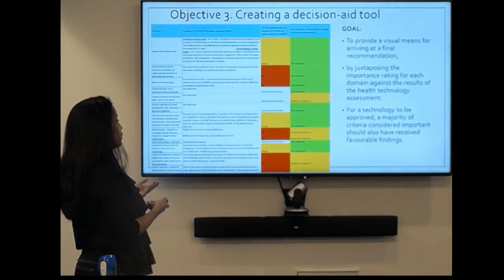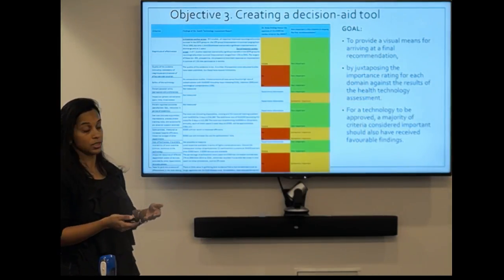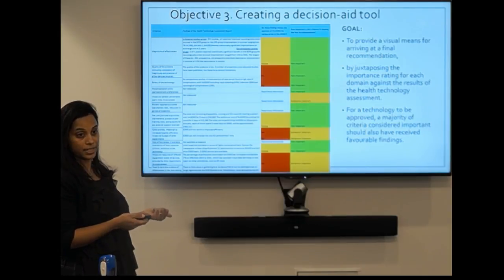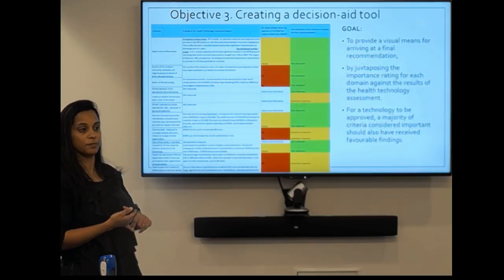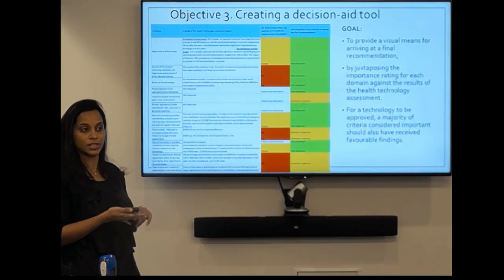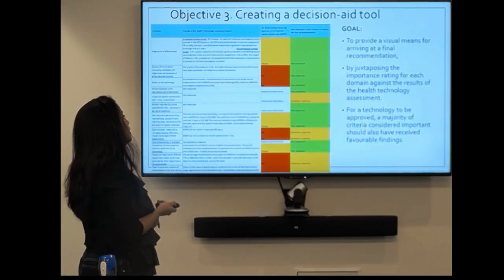So, for a technology to be approved, the majority of criteria that you considered important should also have received favorable findings. If you still think that the technology should be approved, then you need to provide your extenuating reasons for this, and so that would be documented.